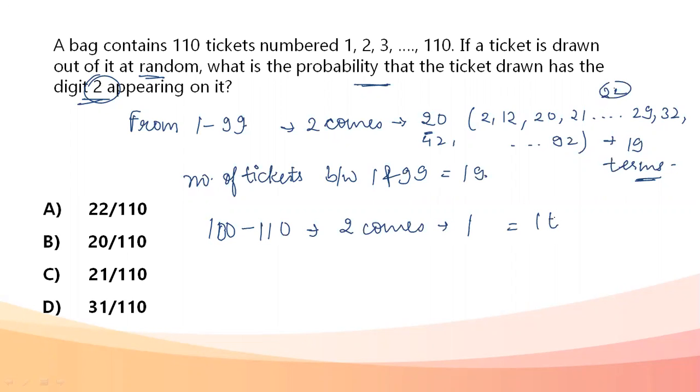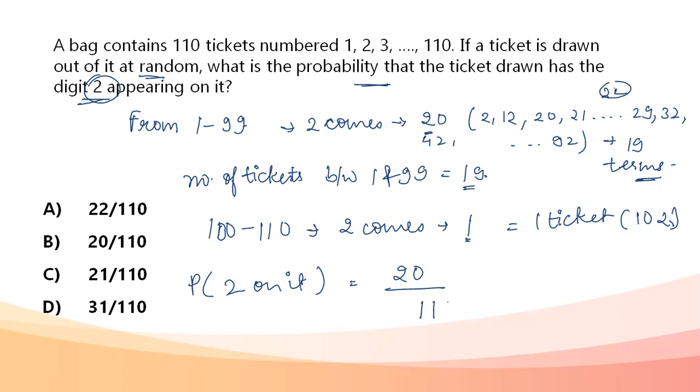That is, it is there in only one ticket. So it's just in 102 that we are talking about. Okay. Probability of getting a ticket with 2 on it. Number of tickets that we have, 19 here, 1 here, 20. Out of how many? Out of 110. So probability becomes 20 upon 110. Option B is my answer. Just had to consider the cases and get the answer.